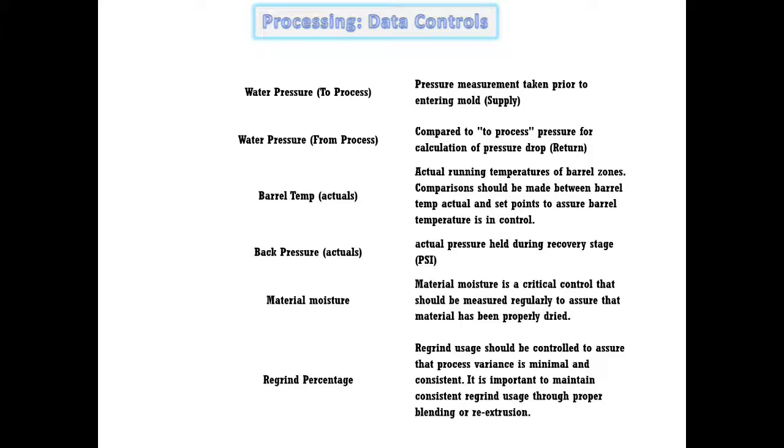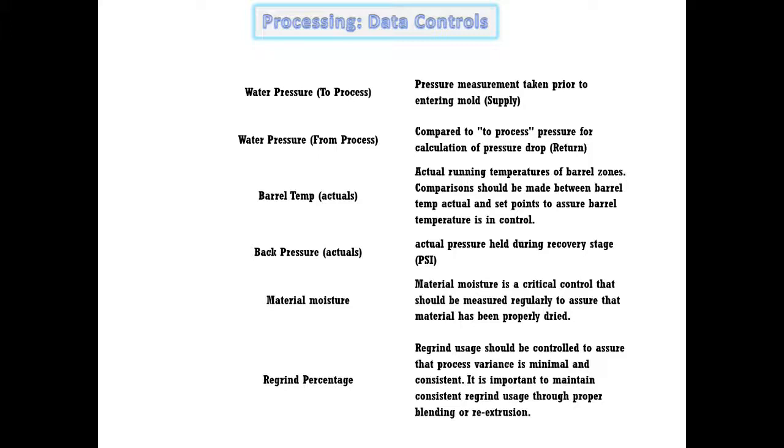Then you know you might need to make adjustments to your feed zone, the first zone, and to the set points of your metering zone, because you want those temperatures to be very consistent. Something else that would be a recordable is your back pressure actual, and you're going to want to check your actual pressure held during recovery stage, and then you can use that as a comparison as far as historical data.